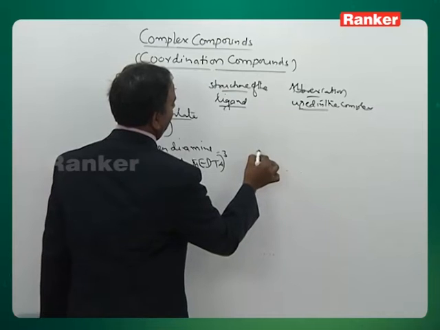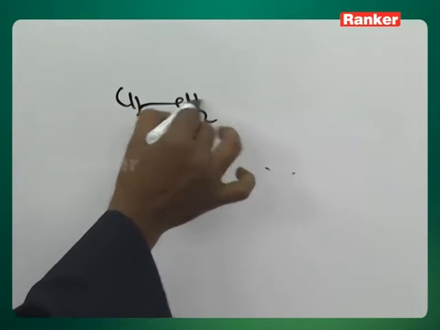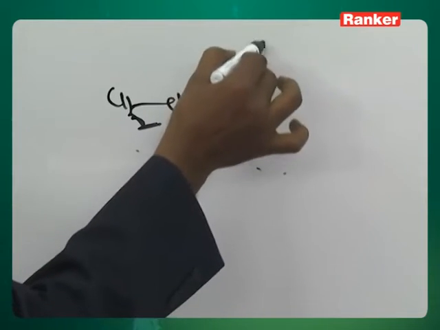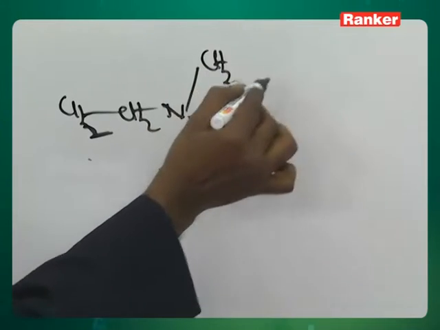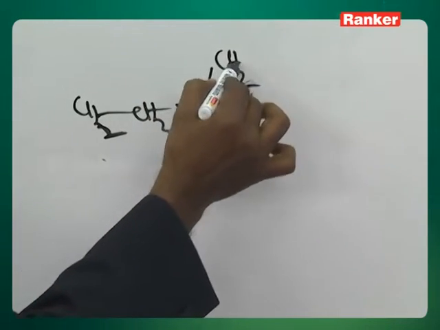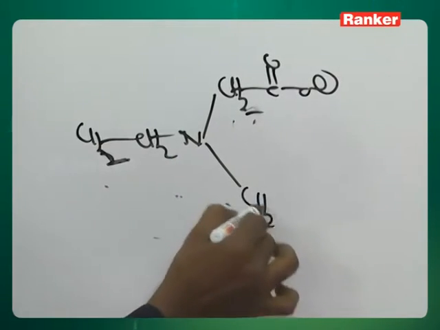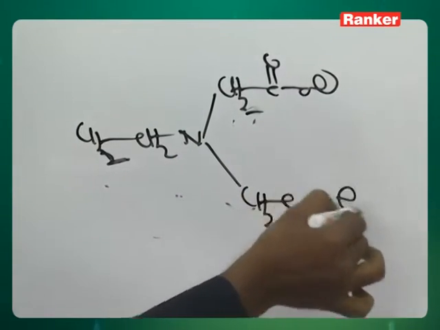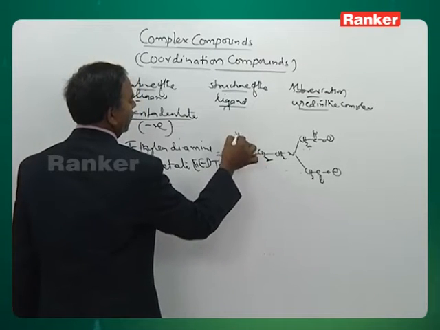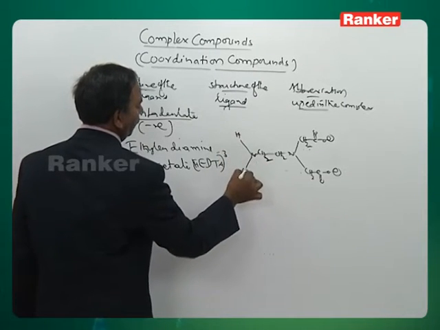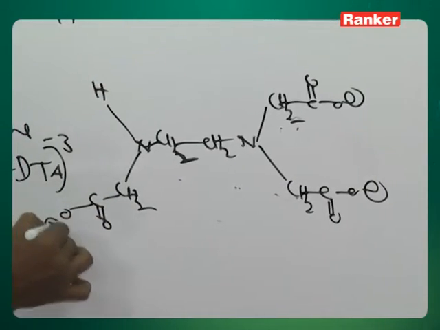Now it is a very big ligand. CH2N is linked to 3 acetate groups, CH2 C double bond O, O minus, first one, second one, and again N, where N is linked to one hydrogen atom, and the other with C double bond O, O minus.